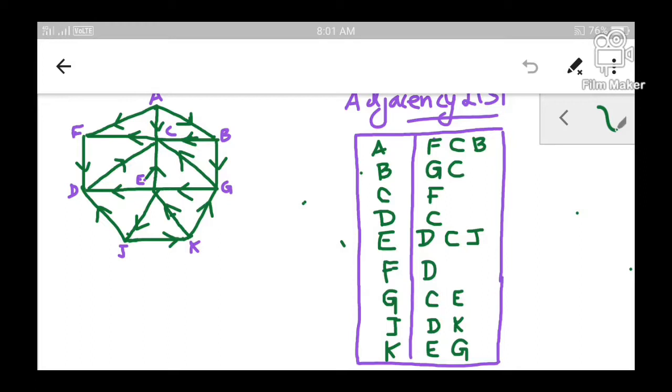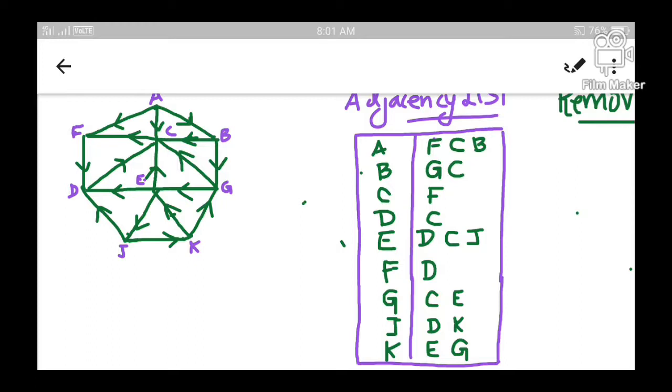If you wish to delete an element from the stack, then also you can delete element from the top. That means insertion and deletion both will occur at the same position. Every inserted element will go to the stack top, and every deleted element will be the one which is on the stack top. So in this way, we are going to use stack DS to implement DFS algorithm.